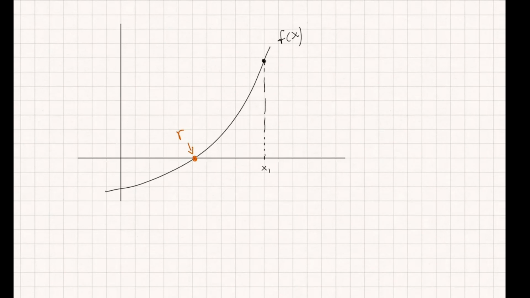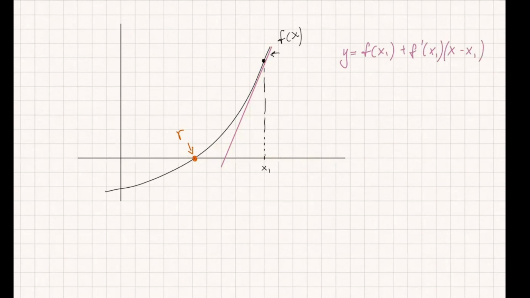What I do is I draw a tangent line through that point, but then I will need to extend it to the x-axis. Why? Because this is where the root of this line is located, right? So what is the equation of this pink line? That is going to be y is equal to f of x1 plus f prime of x1 times (x minus x1), right?